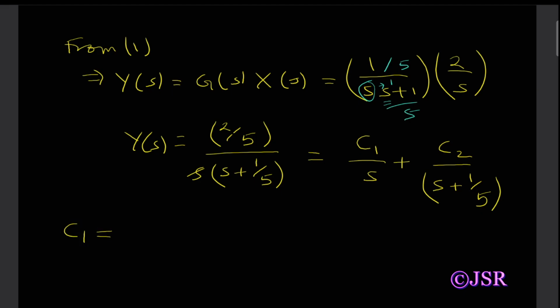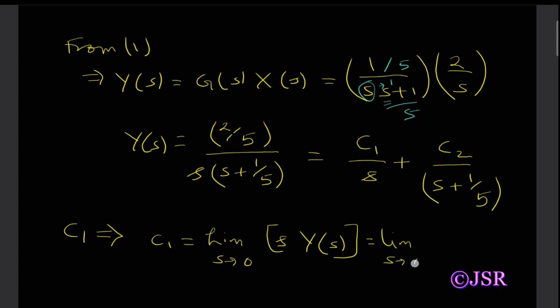To find out C1, we will use limit s tends to 0. So the coefficient of C1, that is s into Y(s). So we will use limit s tends to 0, s, and here we have 2 by 5 upon s plus 1 by 5.